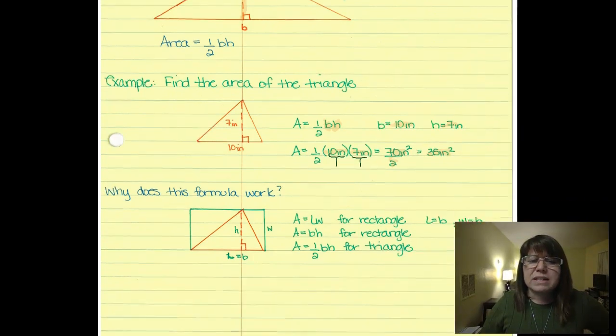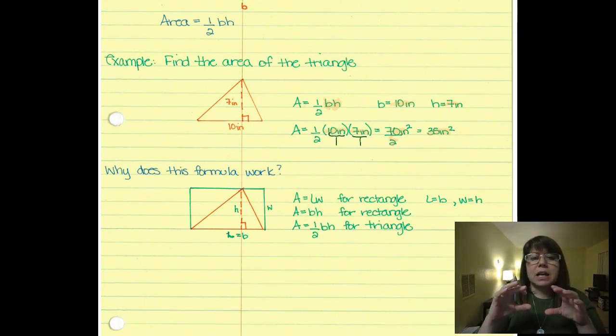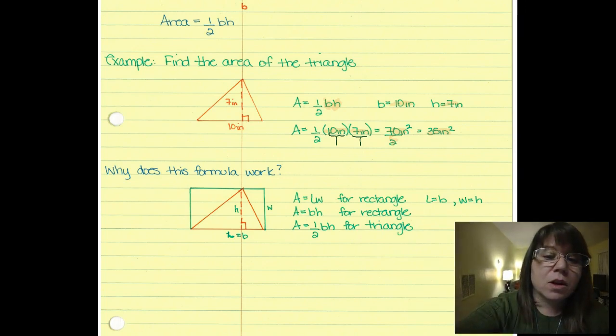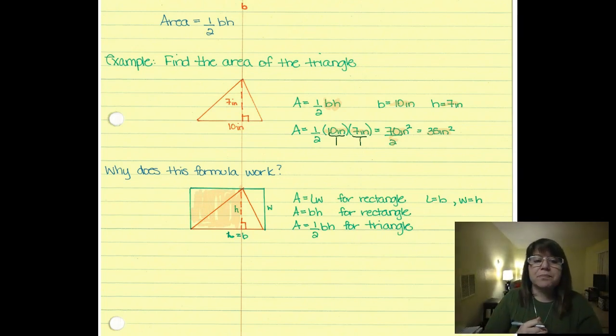Now, why does this work? Well, if I put this triangle inside a rectangle, here's what happens. I'm just going to color the left-hand side here. If you notice, the red line of the triangle cuts that rectangle in half.